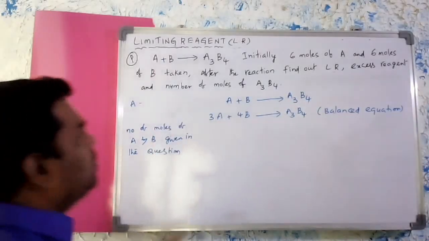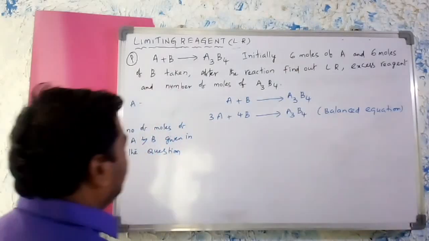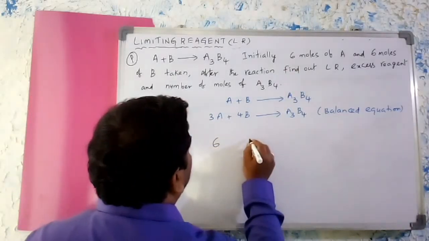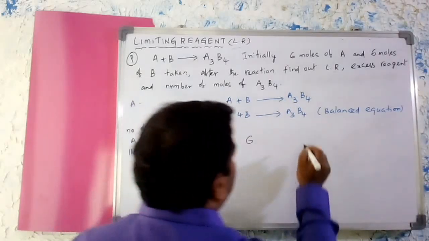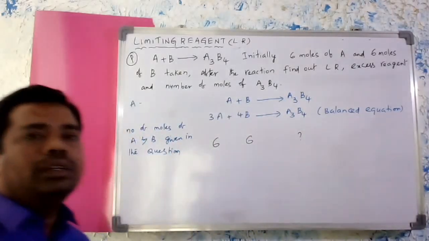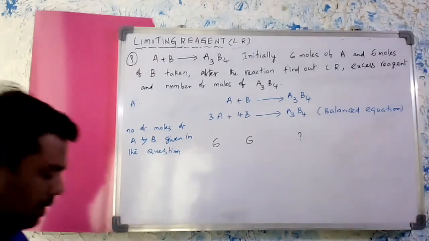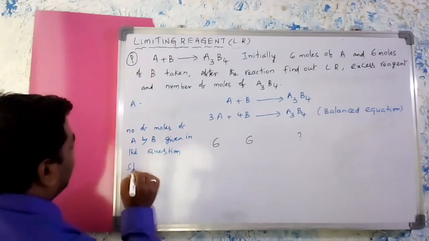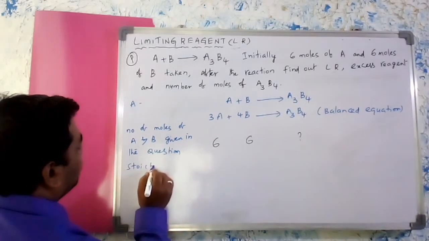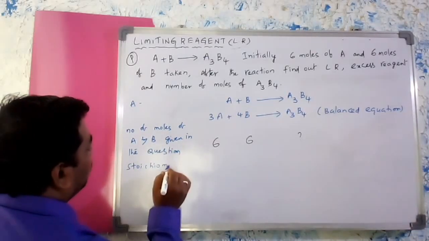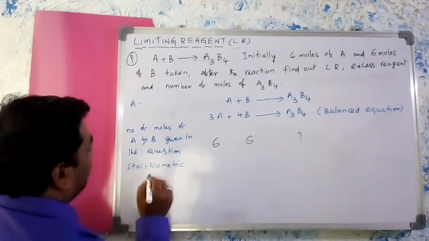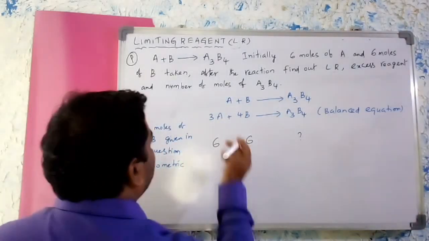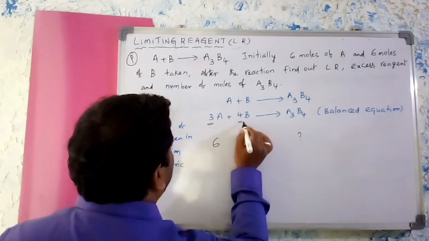So he has mentioned 6 moles of A and 6 moles of B. He has not mentioned the number of moles of product. Then write the stoichiometric coefficients. Here this is 3 moles and this is 4 moles.